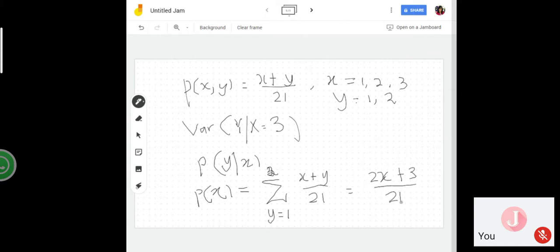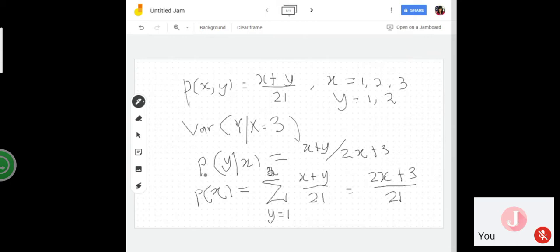So what is Py given X? It's x plus y over 2x plus 3. Okay, so kamu dah dapat ni. So this is Py given X. Saya tak tahu saya guna F ke P untuk kelas kamu untuk discrete?